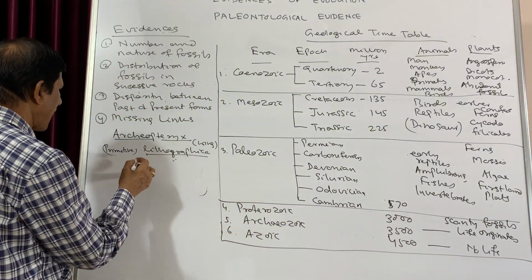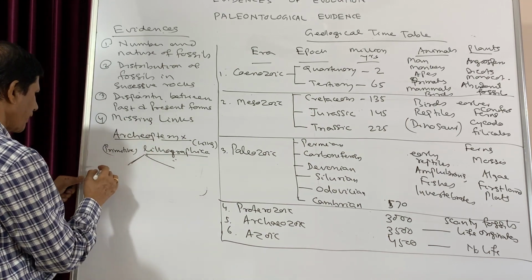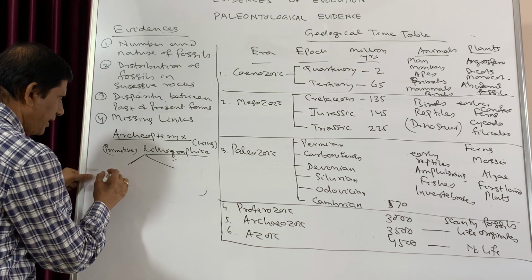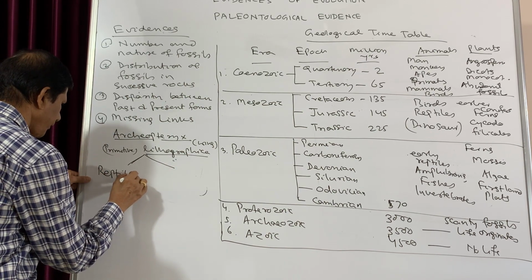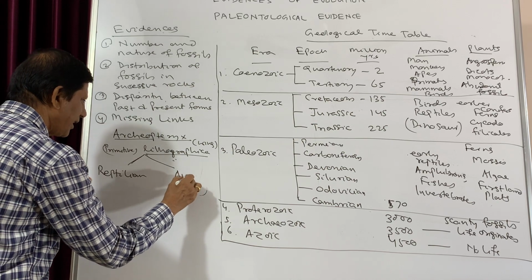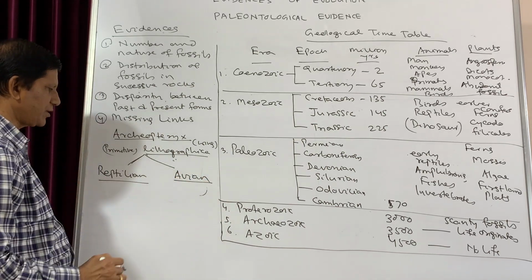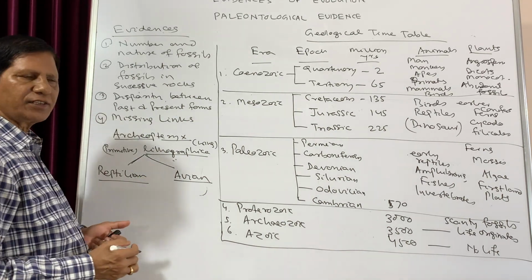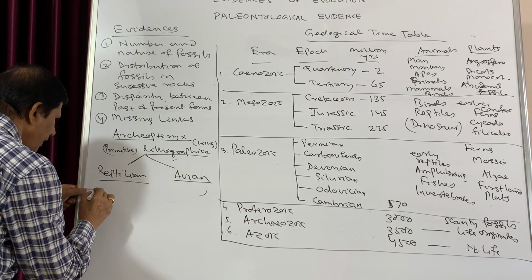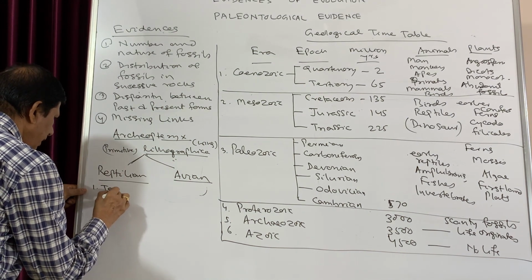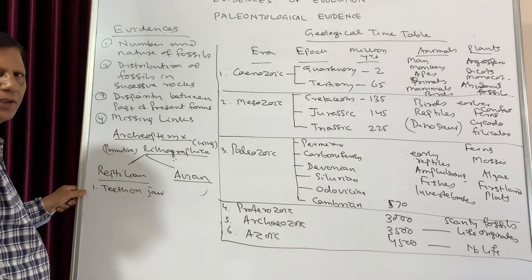So the archaeopteryx possesses characters of both, the reptilian characters and the avian characters, meaning the characters of birds. What are the reptilian characters? Number one, teeth on the jaw.